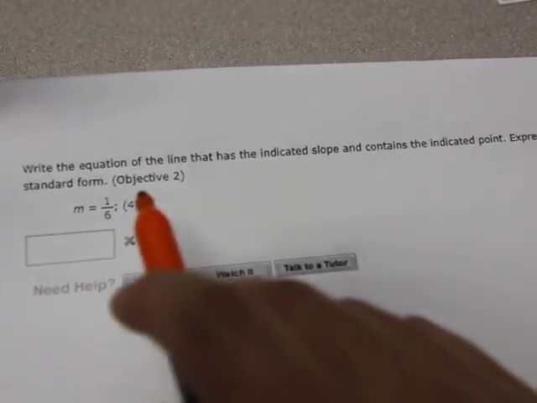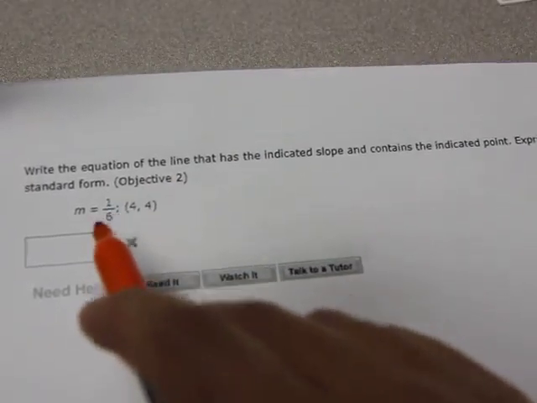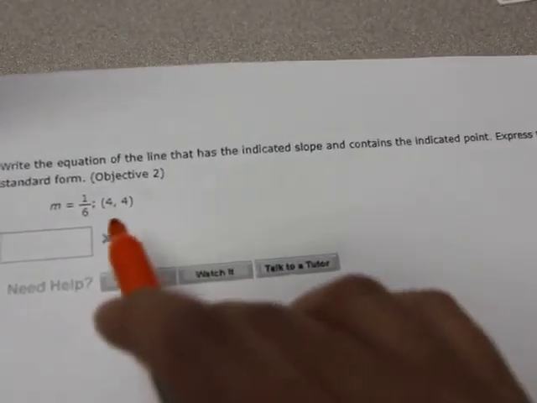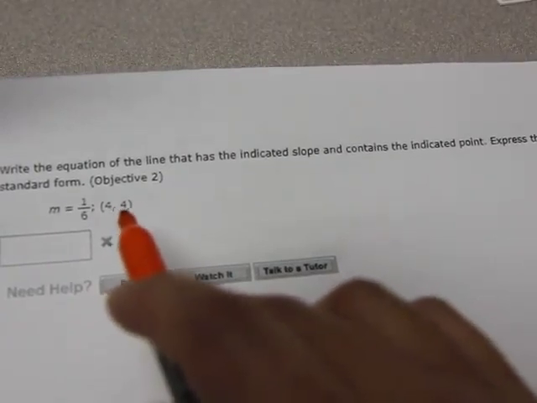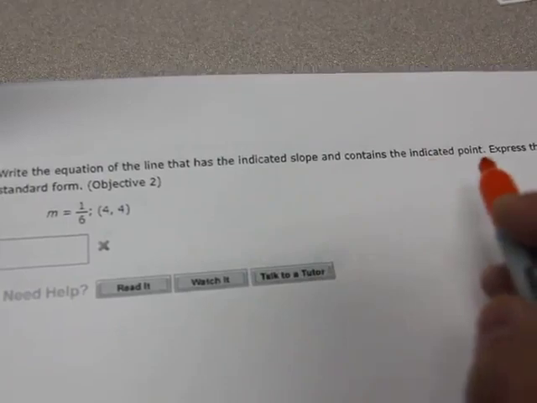In this example, we're given that the slope of a straight line is 1 over 6, and we're given that the point 4 and 4 is contained on this straight line.